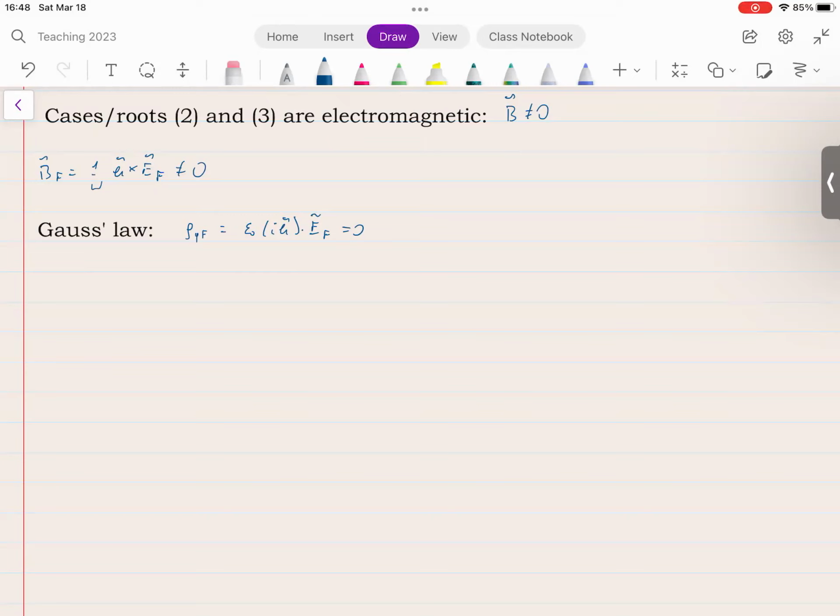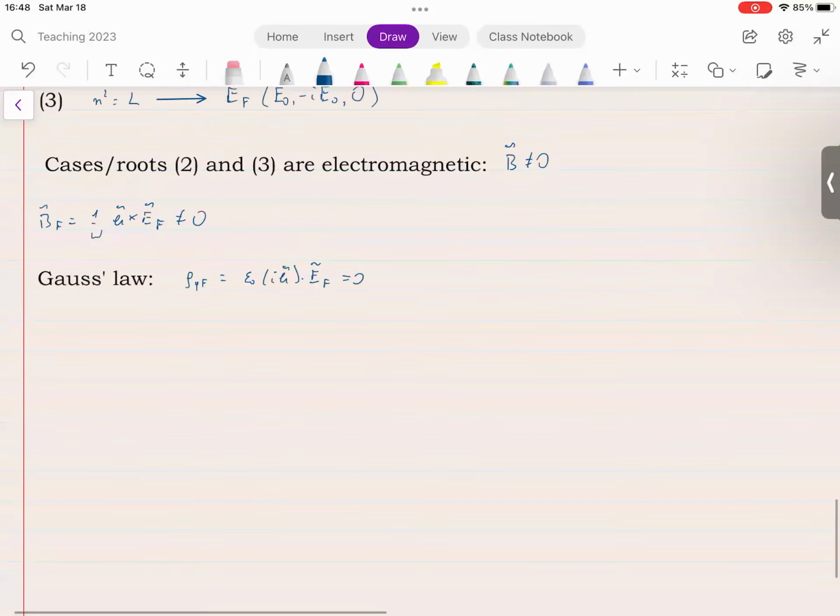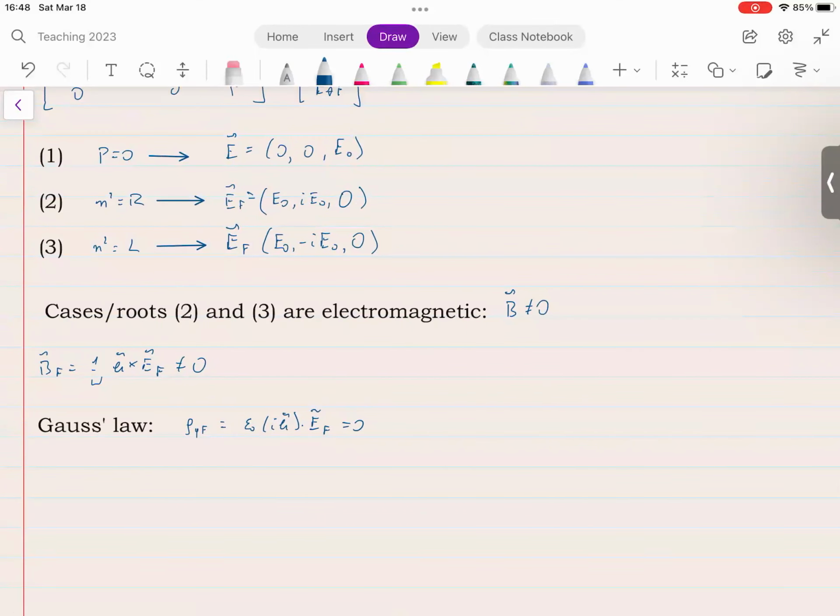And the way this goes is the following. Let's examine this case 2. The other one is completely analogous.